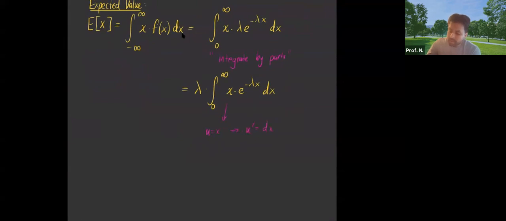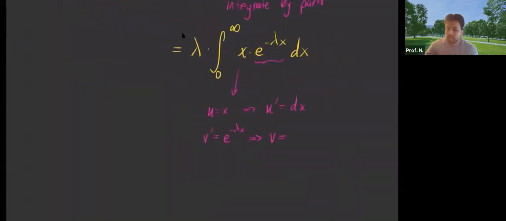And then v prime would be e to the negative lambda x. What would be the antiderivative of that? We talked about that already: this is e to the negative lambda x over negative lambda.